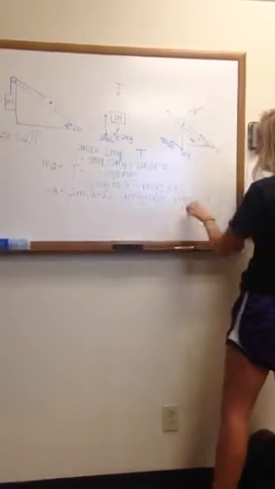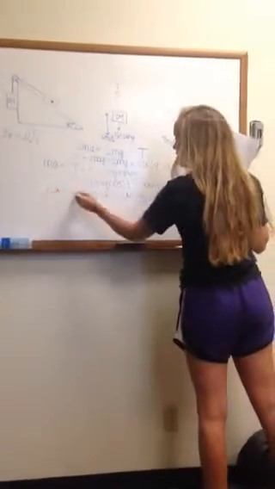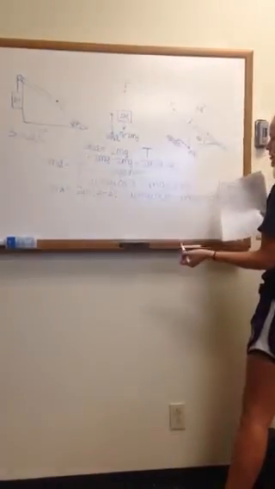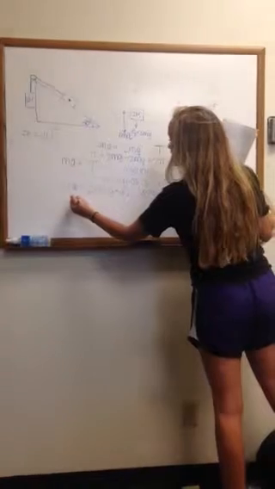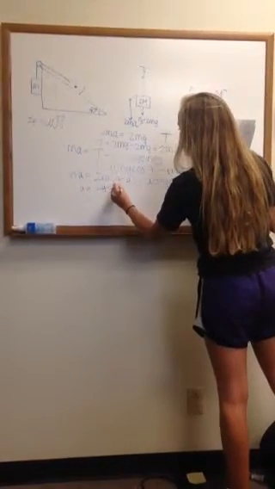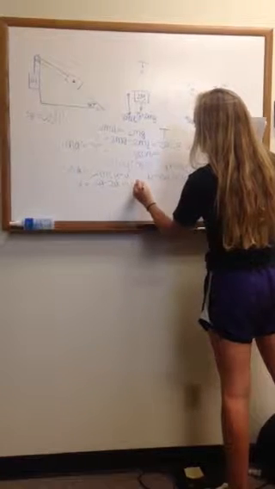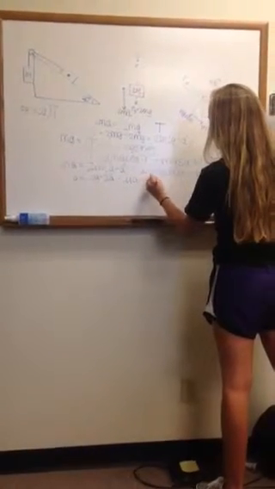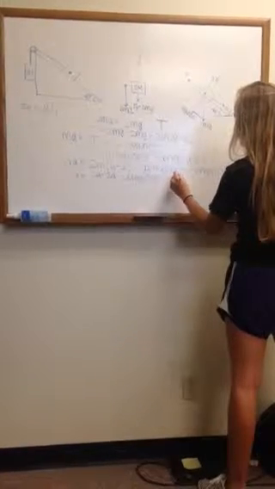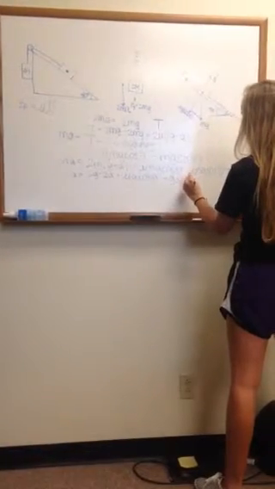So now we have a lot of like terms, so we can cancel out all the m's, which is good because we weren't given any masses in the first place. And then we can write it out to be a is equal to 2g minus 2a minus mu g cosine theta minus g sine theta.